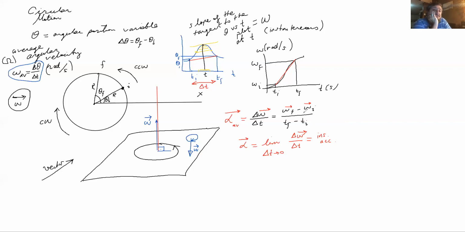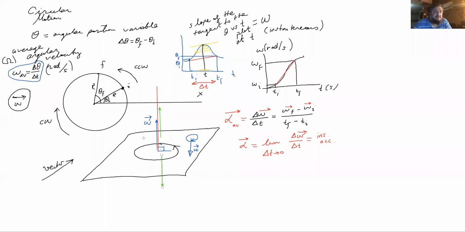So the directions should agree, at least linearly. This means that omega is also a vector along the perpendicular direction. But is it pointing up or down? Okay, so is it pointing up or down?